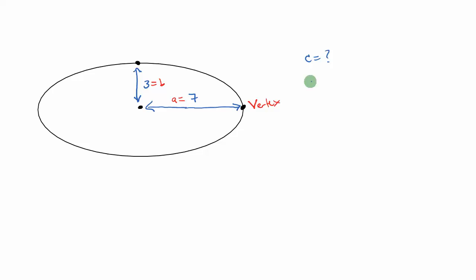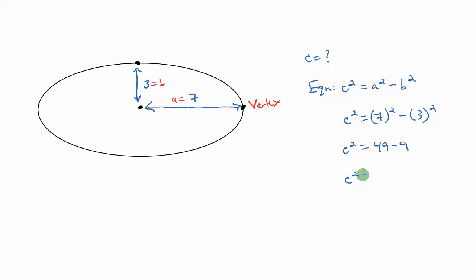Now my equation for an ellipse tells me that c squared equals a squared take away b squared. So c squared equals 7 squared minus 3 squared. So c squared is 49 minus 9, so c squared is 40. And if I take the square root of both sides, I see that c is the square root of 40.